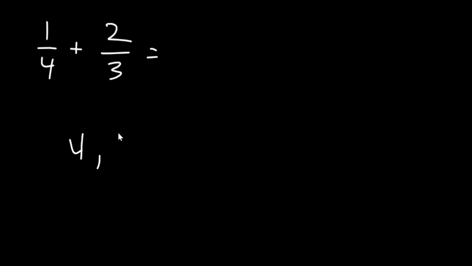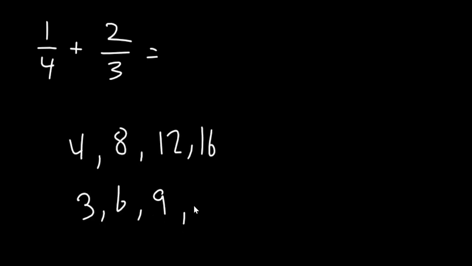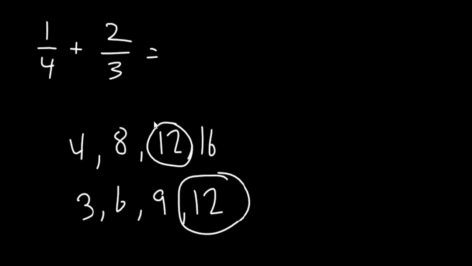For 4, it's 4, 8, 12, 16. For 3, it's 3, 6, 9, 12. We see that the least common multiple is 12. That means the denominator must be 12 to be able to add these numbers.